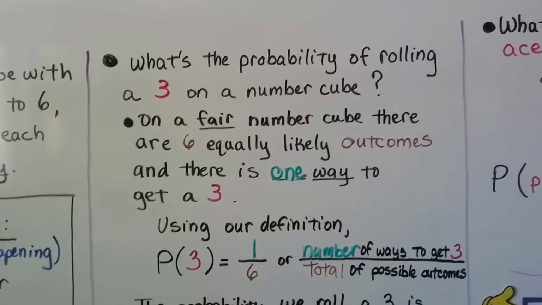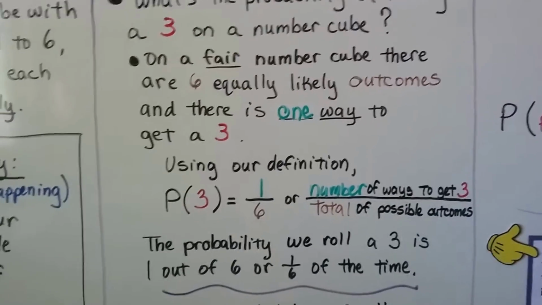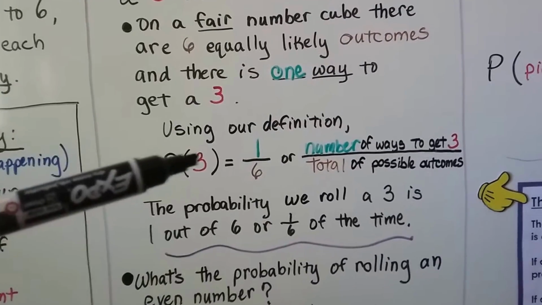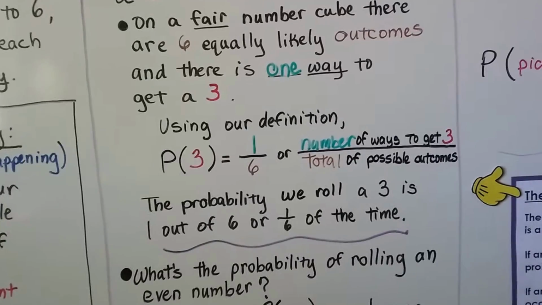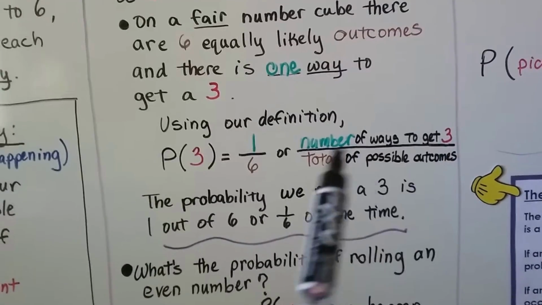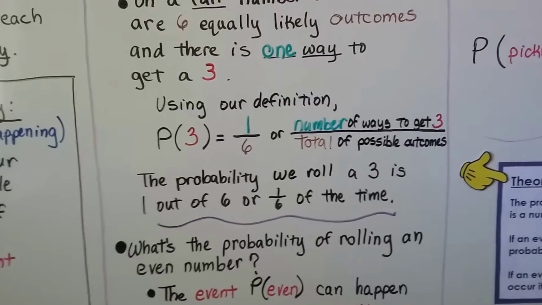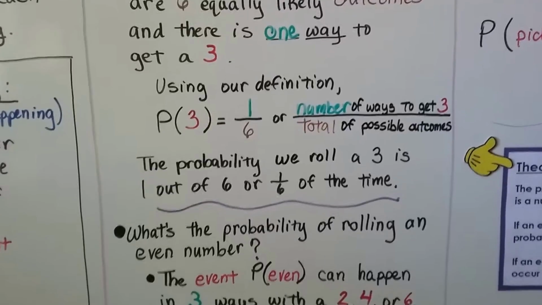And there's only one way to get a 3 if we just roll one cube. Using our definition, we get the probability of 3 is equal to 1 over 6, 1/6. It's the number of ways to get a 3 over the total of possible outcomes. So the probability we roll a 3 is 1 out of 6, or 1/6 of the time.